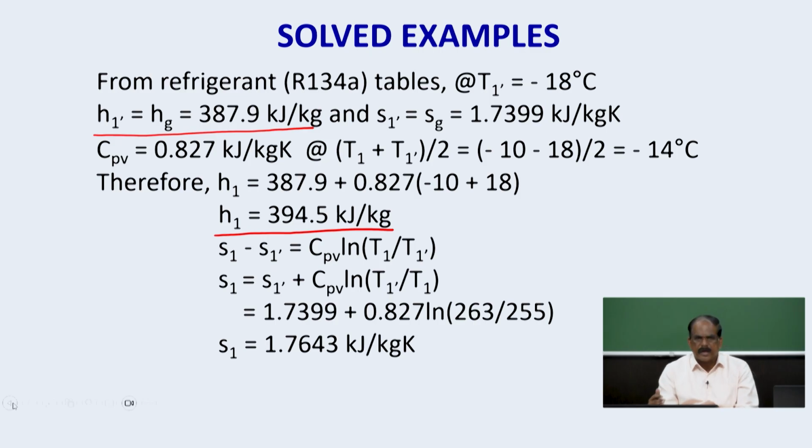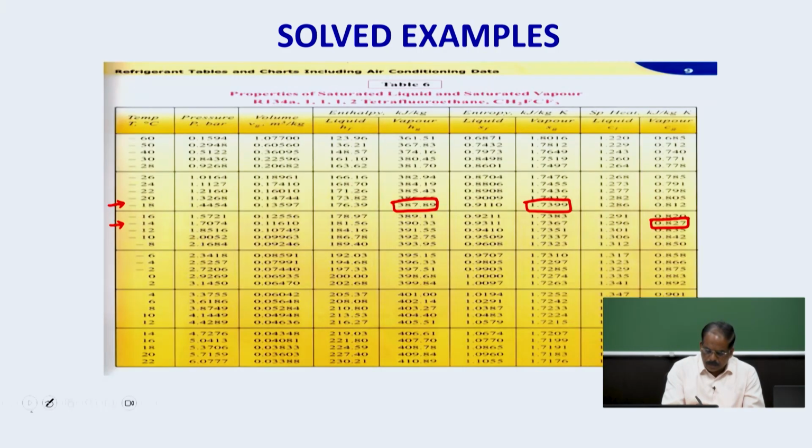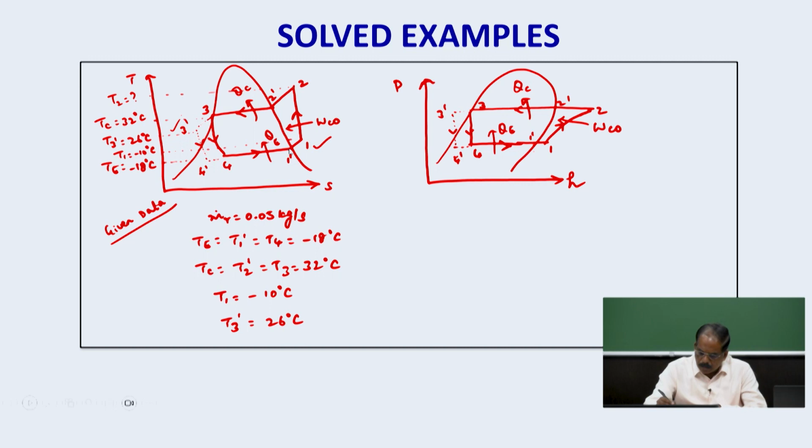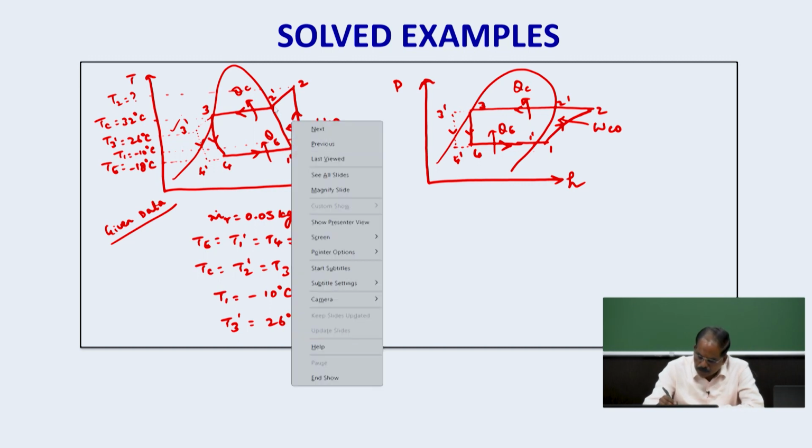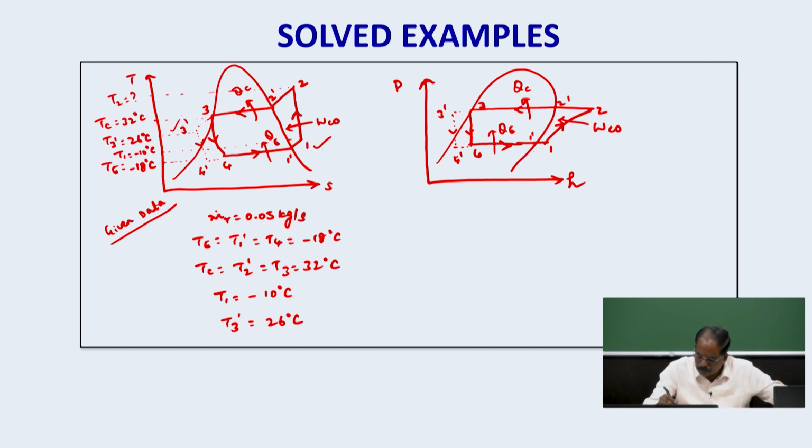State point 1 is in superheated condition, so its entropy cannot be taken from the table directly. We can take the entropy only for state points 1 dash and 2 dash, which lie on the saturated curve. To find the entropy at 1, I have to use that relation.